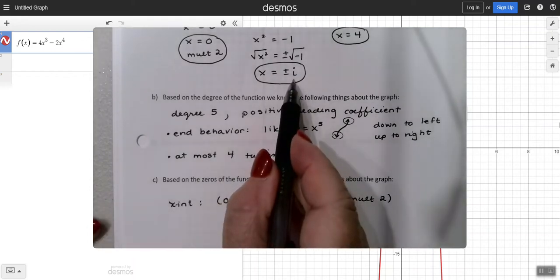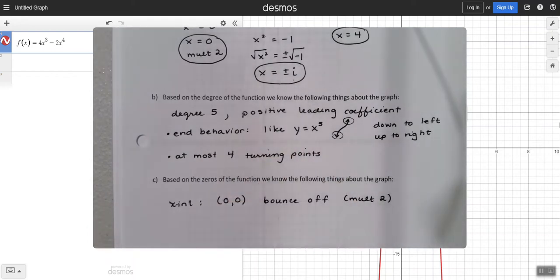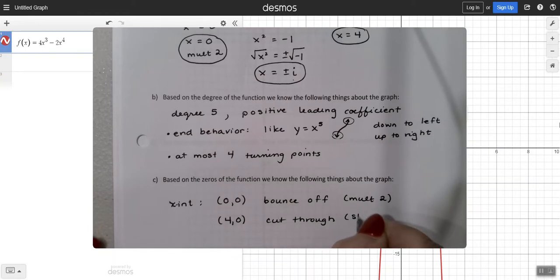The imaginary zeros do not give me any x-intercepts, but I'll have another one at 4, 0. And since that one's just a multiplicity of 1, the graph's going to cut through the x-axis, kind of straight.